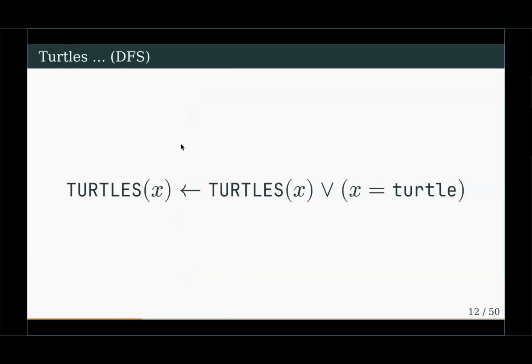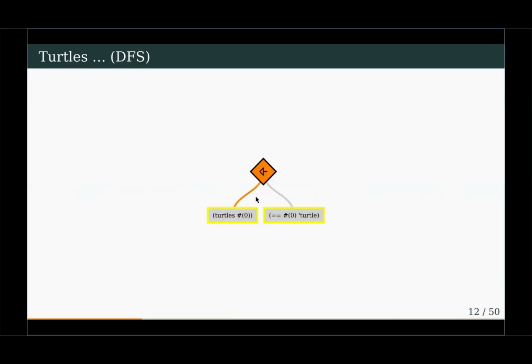So, last example here. Turtles here is like dog-cat, except this time, we're still trying to enumerate an infinite amount of these animals, but the recursive call comes first. To orient you with what these tree rewrites will look like, you can think about that program earlier as this tree here.